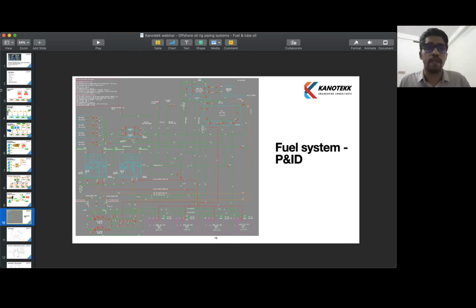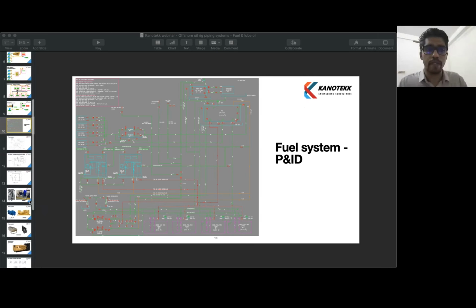This is the total P&ID for the system. I'm not sure whether you're asking for the total P&ID or a separate one. So this is the total P&ID of the system. Here we can see the entire arrangement.